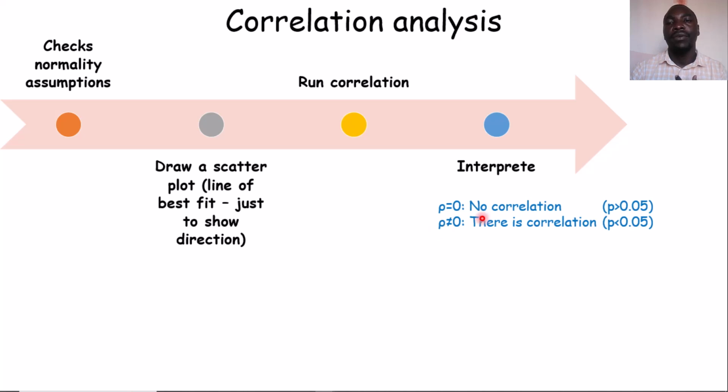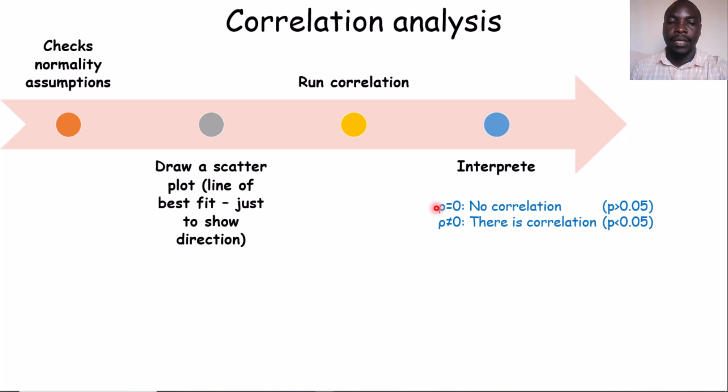So we need to look at the p-value to interpret whether the correlation coefficient that we've obtained is significantly different from 0. Is there really a statistically significant relationship between the two variables?